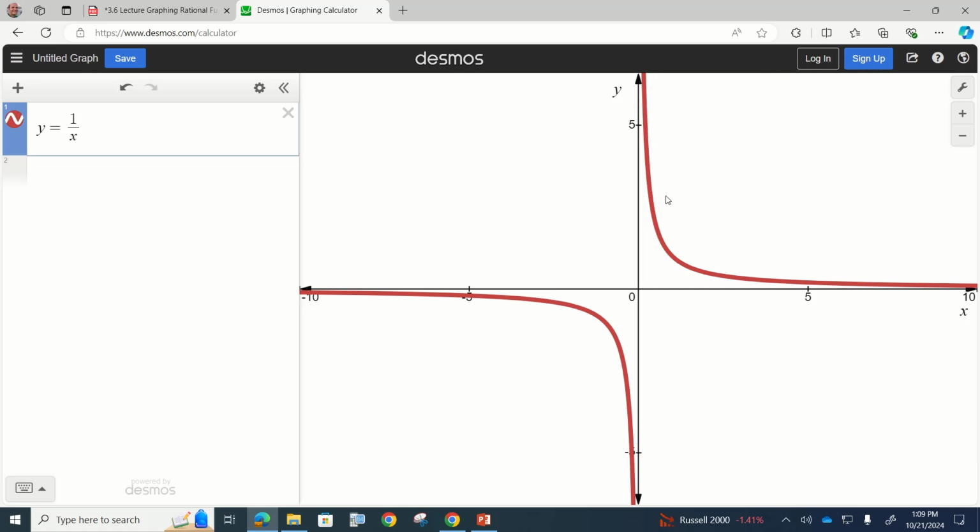And the reason it shoots up like this is because whenever my x gets to be a really small number that's really close to 0, then 1 divided by a really small number is a big number. Like 1 divided by 1,000th is 1,000. That's a big number, right? So that's why it shoots up on either side.